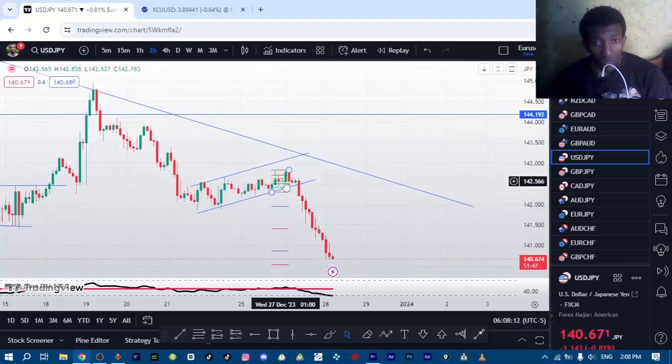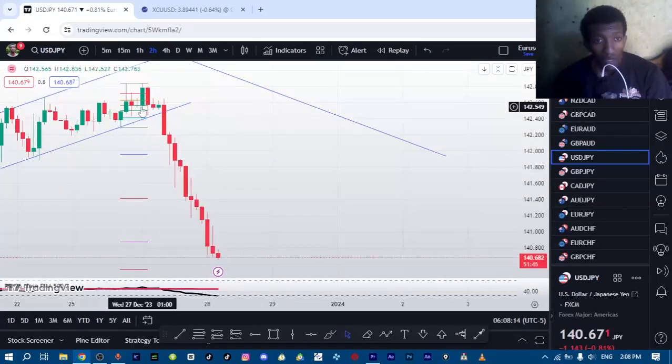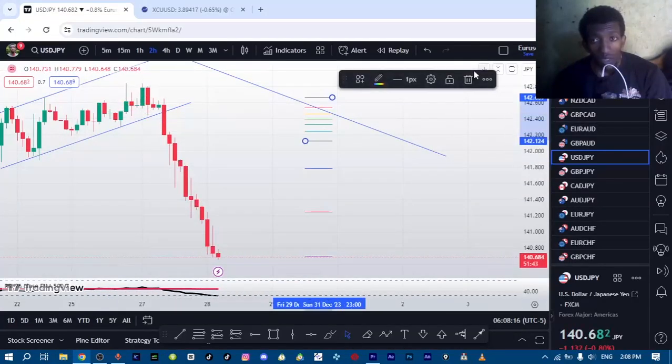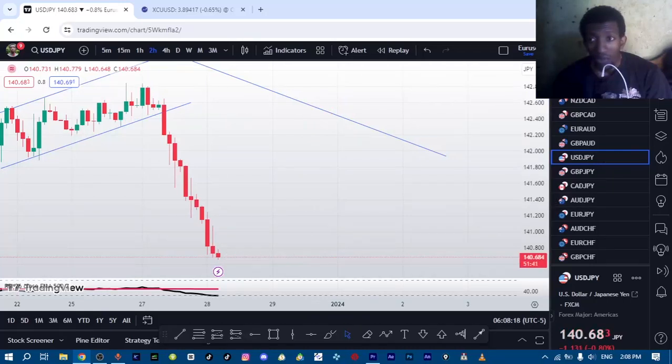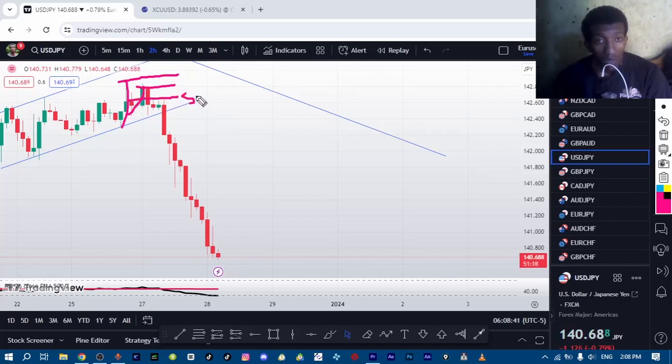Why did I do that? Because look what the price did. This is swing high to swing low. The price just went up and hit this premium, or expensive, area, above the equilibrium, the 50%.